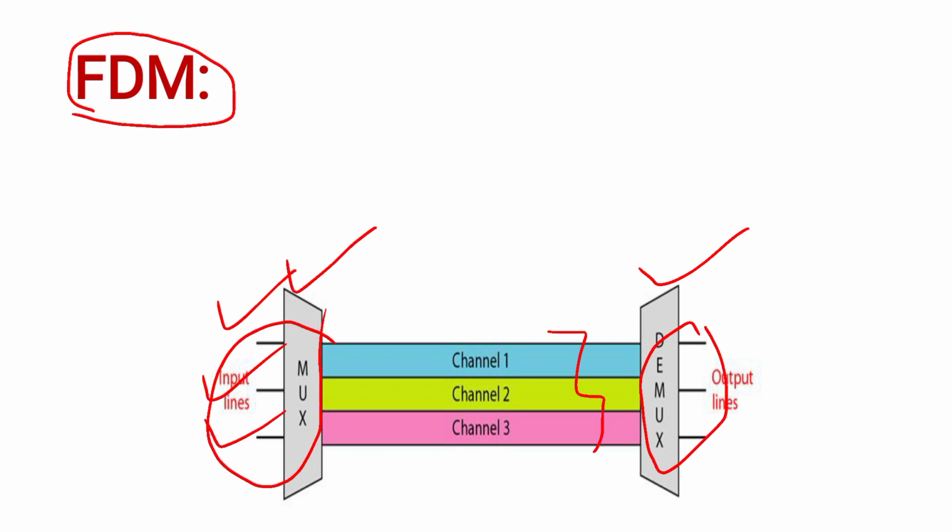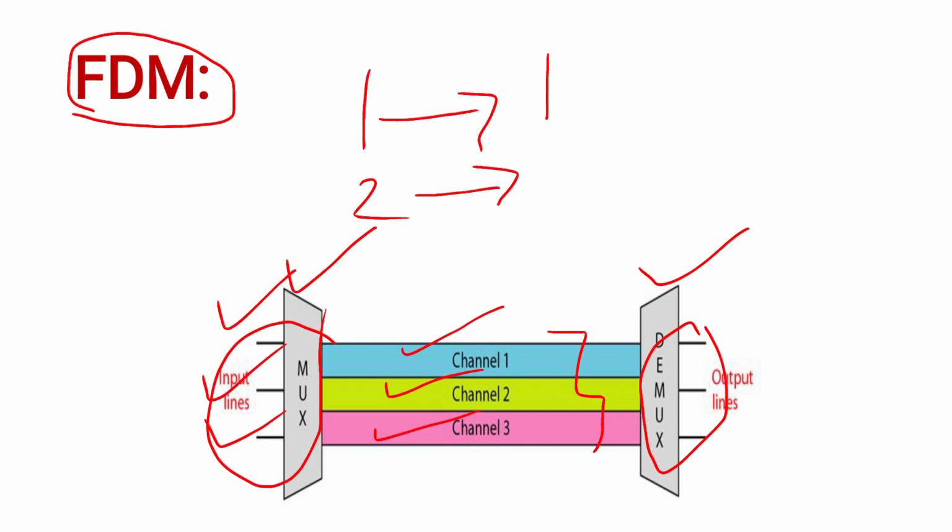Now observe, I divided this channel into three subchannels, that is channel 1, channel 2 and channel 3, and I allocated each individual user to a specific channel. I allocated the first user to the first channel, the second user to the second channel and the third user to the third channel.